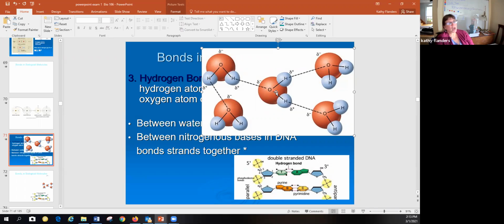Okay, so when you see a hydrogen bond, it will be between an oxygen atom and a hydrogen atom, or a nitrogen atom and a hydrogen atom. We didn't look at that, and you don't need to worry about it. But that's when you see hydrogen bonding. And we know the power of hydrogen bonding because of the characteristics of water.